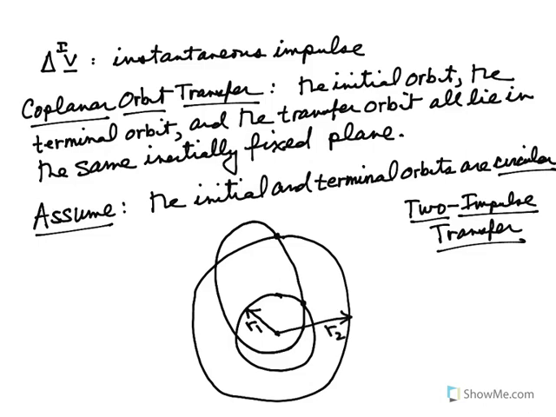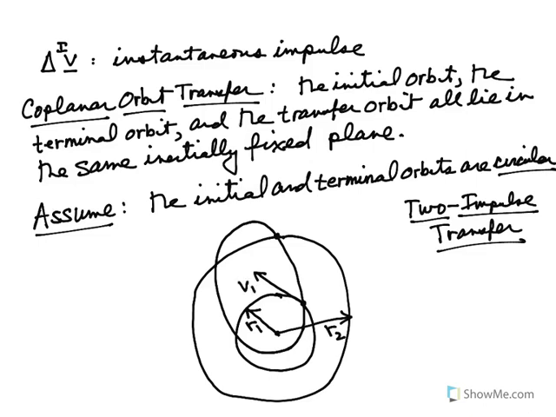Now, if I'm on the initial orbit, then my velocity prior to the application of this first impulse has to be at that point that I've marked, in the direction of the arrow that I just drew.